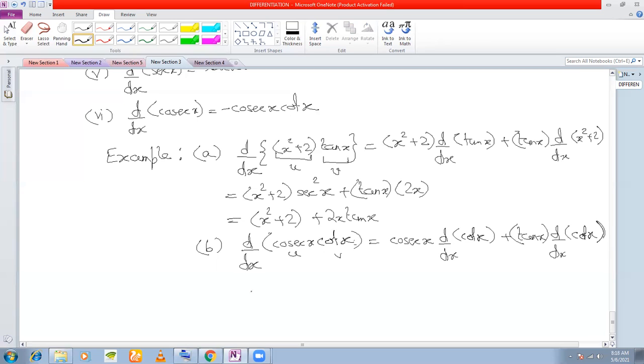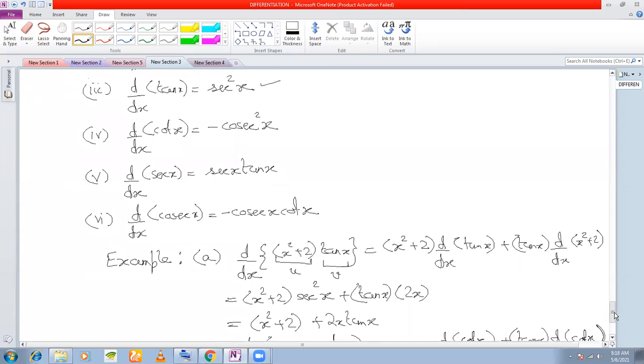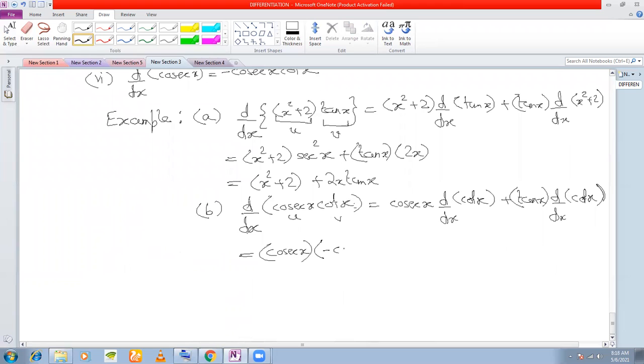So cosec x and the derivative of cot x is minus cosec square. Plus, this should be cot x, and this should be cosec x. U into v rule. So now this is cot x into d/dx of cosec x, which is minus cosec cot.